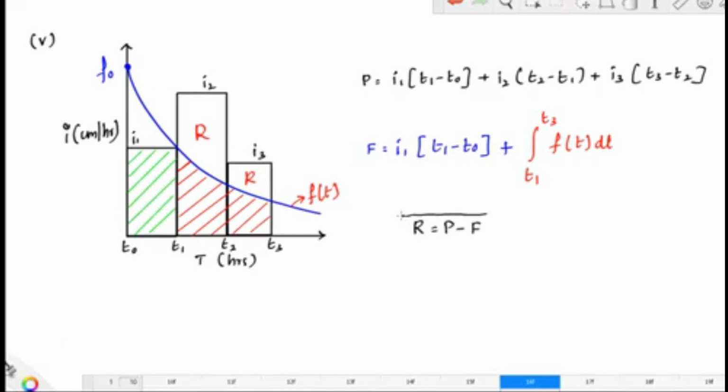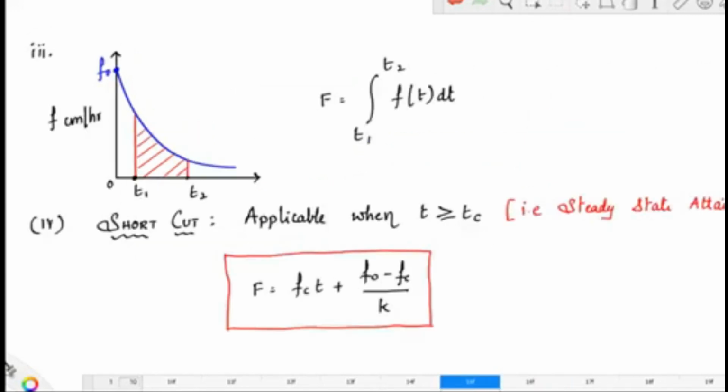So these are all important points with respect to your Horton's curve. I have shown you in some problems that t is greater than or equal to tc, which you can check by substituting.